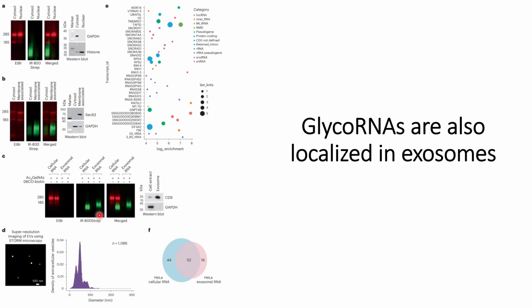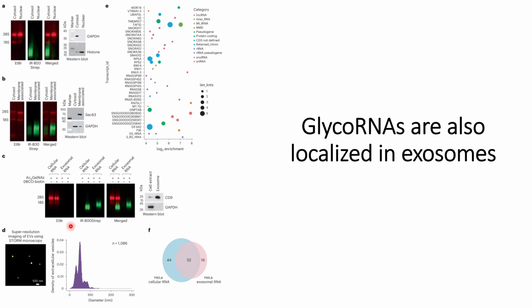So most of the RNAs present in the exosomes are GlycoRNAs, but they are not the regular RNAs. And this is the merged image. Here they also used the Western blot to confirm their fractionation efficiencies, where CD9 is the exosome marker and GAPDH is the marker for the cell extract.